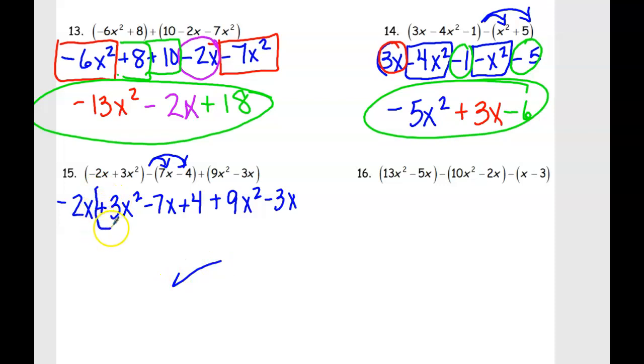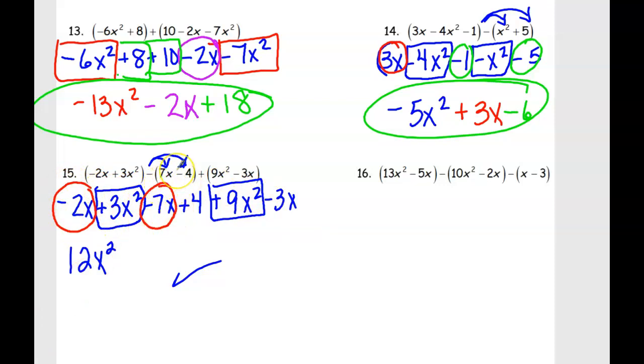So I'm going to start at my highest exponent, which is 3x squared and 9x squared. So I'm going to get 12x squared. All right, from there, I'm going to look at my x's. I've got a negative 2x, a negative 7x. So negative 2 minus 7 is negative 9. Negative 9 minus 3x would be a negative 12x. All right. And then finally, the constant that's left is just a plus 4. All right, so there's our answer.